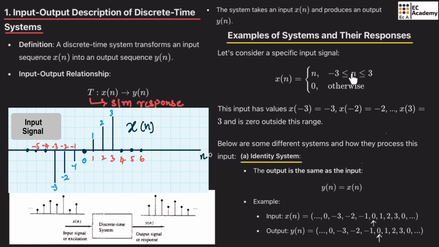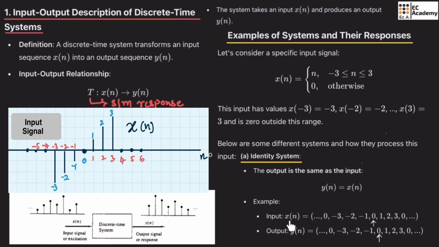If n is -3, x of n will be equal to -3. If n is -2, x of -2 will be equal to -2. Likewise, if n is equal to 0, x of n will be equal to 0, and if n is equal to 2, x of n will be equal to 2.